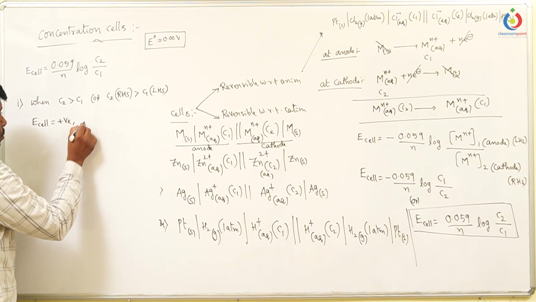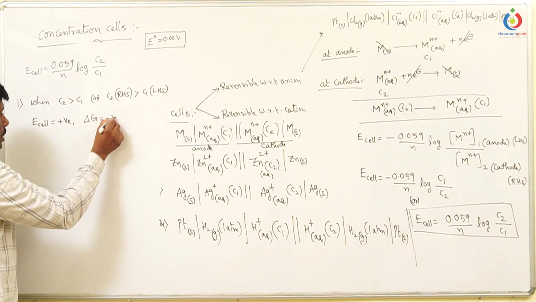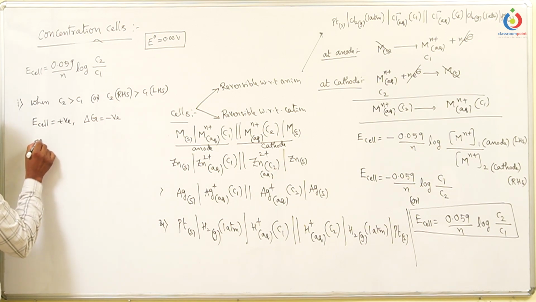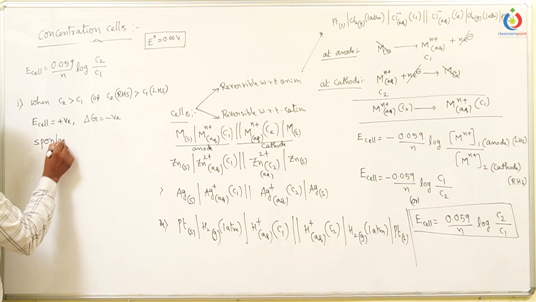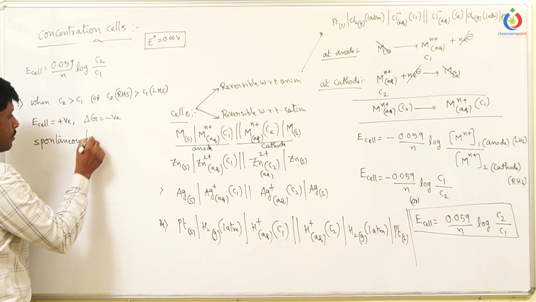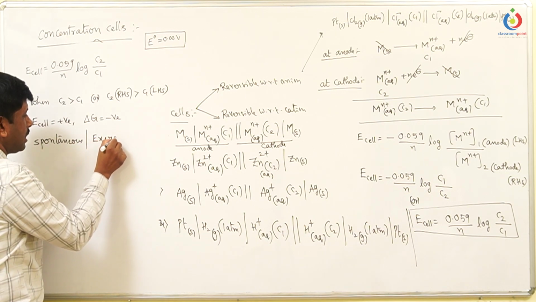When the E cell value is positive, delta G is negative. Such types of cells are possible, so they are known as spontaneous reactions. This is spontaneous and also known as exergonic.